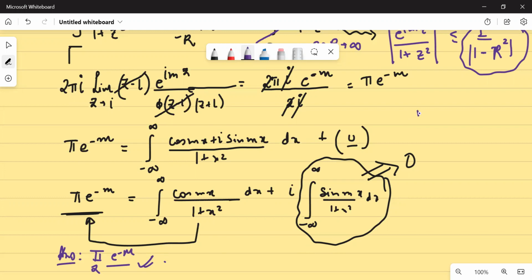And this is only valid if m is greater than 0, because if m is not greater than 0, then things will not work. If m is, let's say, negative, then this entire thing will not go towards 0 as z tends to infinity. This will become infinite in that particular case. Is that clear?